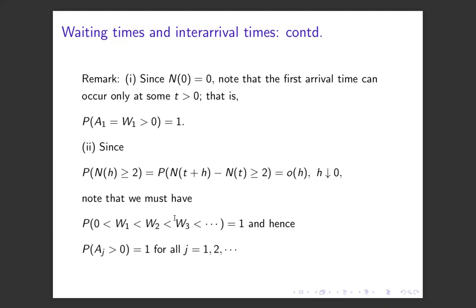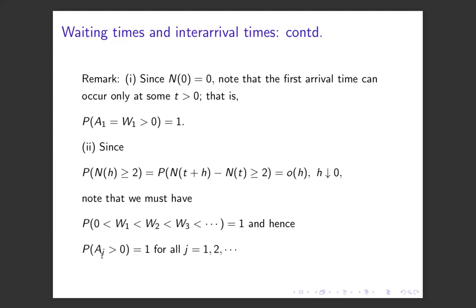That means that these Wi's are strictly increasing. That is, the probability of 0 strictly less than W1, strictly less than W2, strictly less than W3, and so on, is equal to 1. And this in particular implies the probability of A sub j strictly positive is 1.